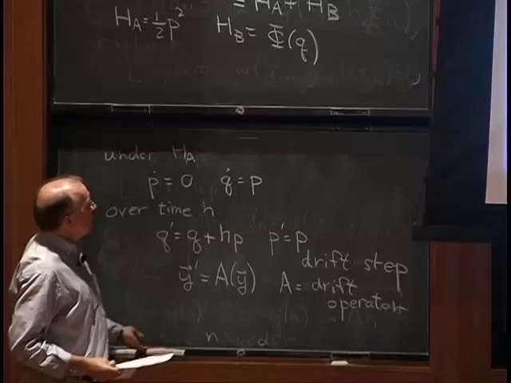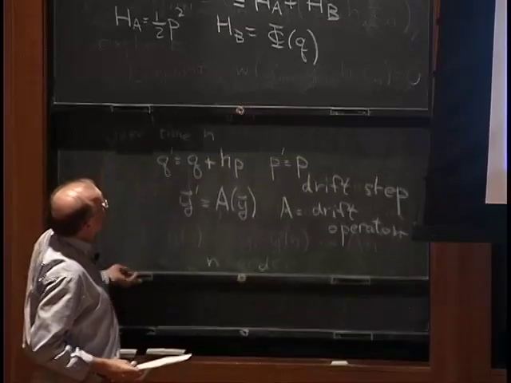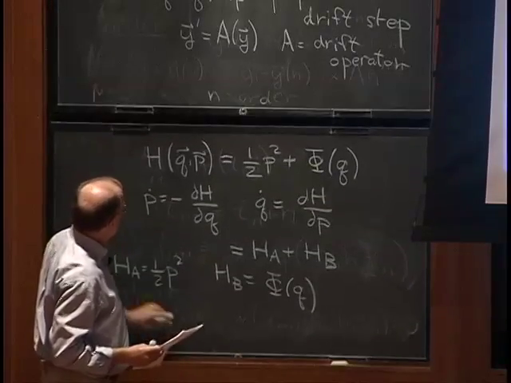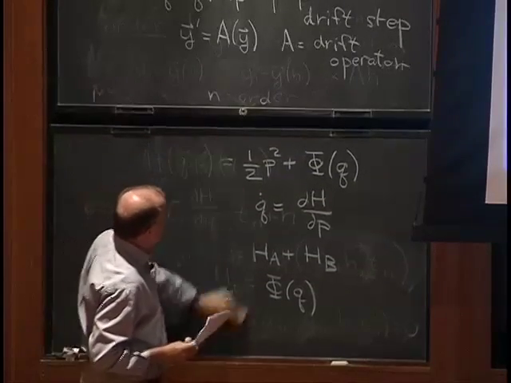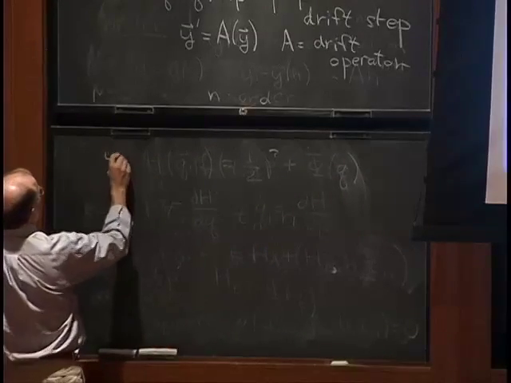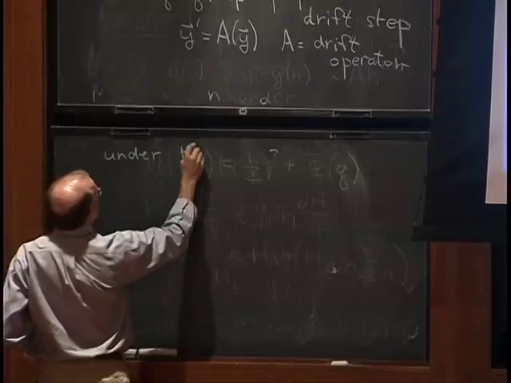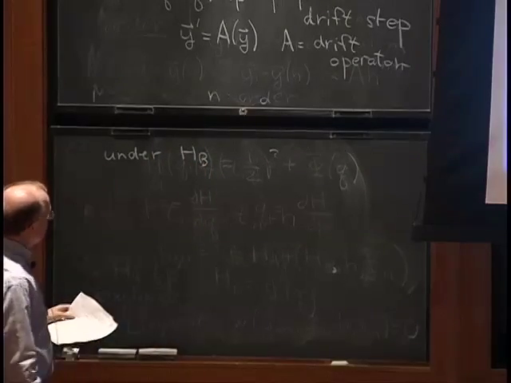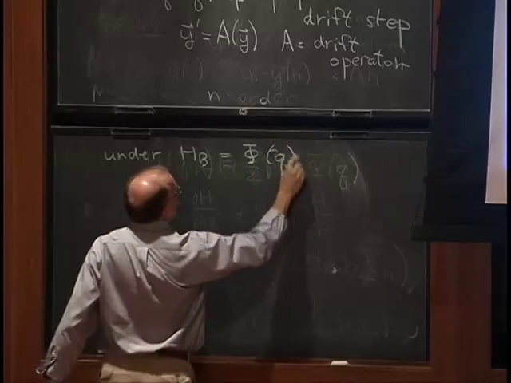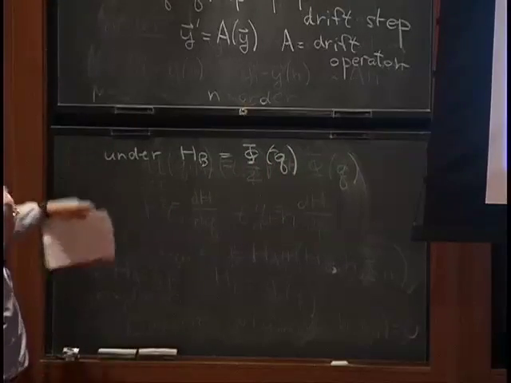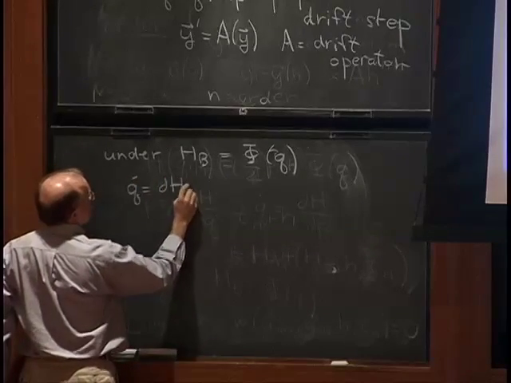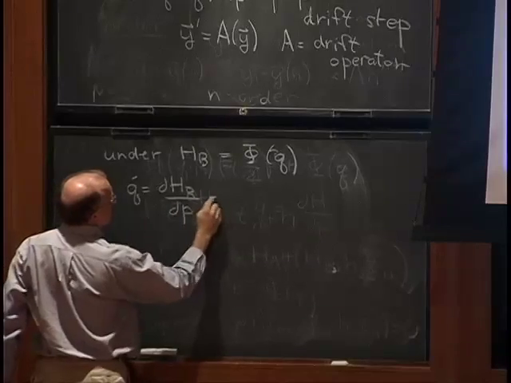Okay, I can do the same thing under HB. HB, you'll recall, is just phi of q. And then Hamilton's equations say that q dot is dHB/dp. That's just 0.